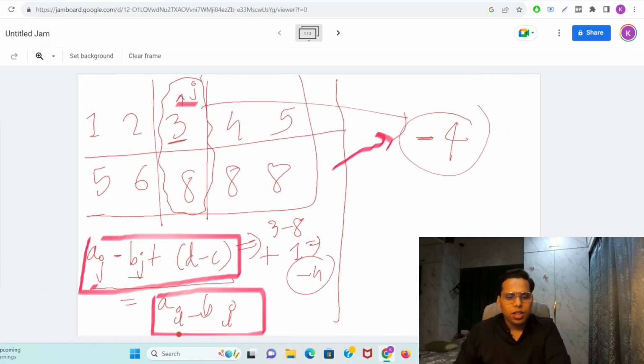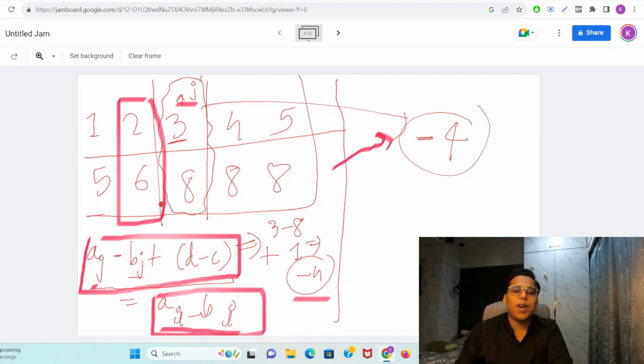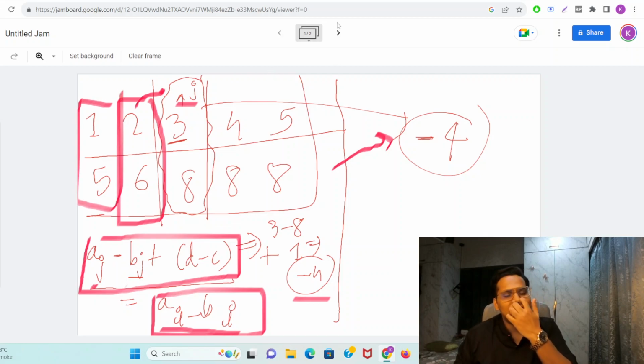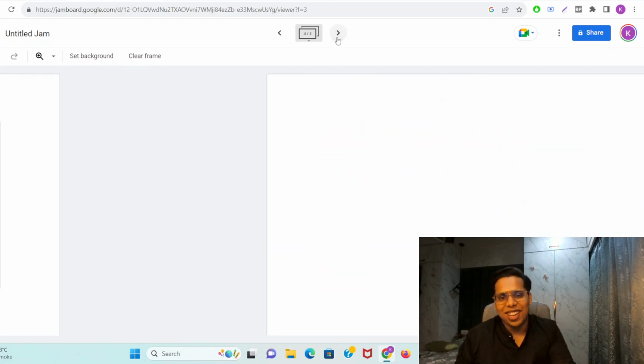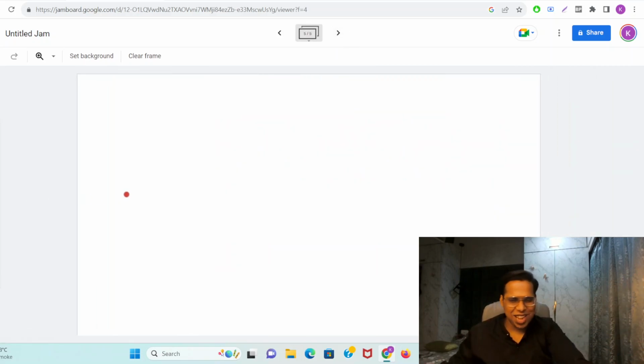So all the i's having AI minus BI as minus 4 will bond with you. In this particular case, this I will bond because 2 minus 6 is minus 4, and this I will also bond because 1 minus 5 is minus 4. So guys, the things were that easy. Coding is so interesting, my goodness.